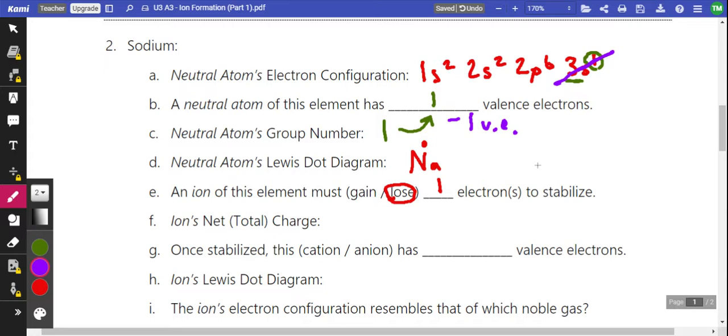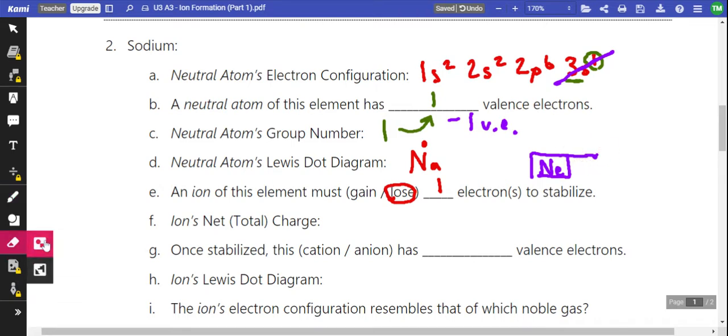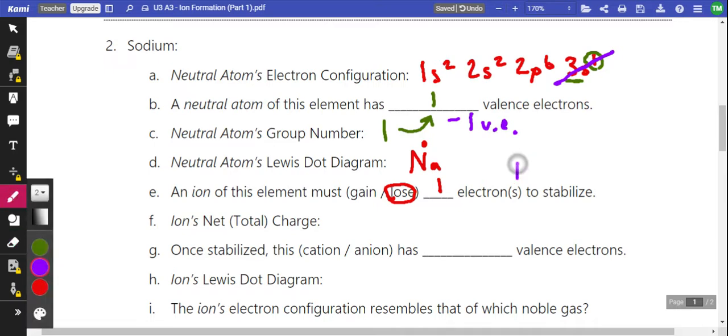So, neon is right here, and it's got its whole, oh, sorry, not neon, sodium. Too many things with N's. So sodium is here. And it's got magnesium next to it. It's got a whole bunch of space. And then you have the P block over there.